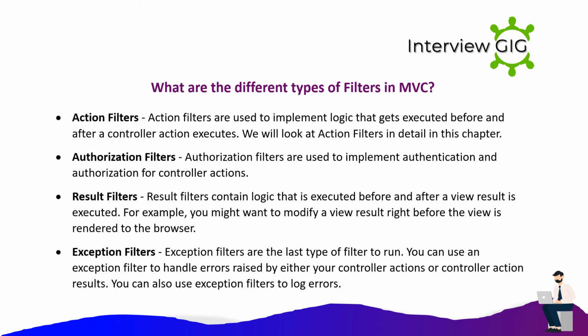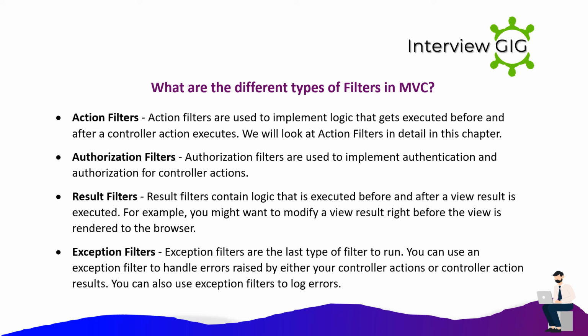What are the different types of filters in MVC? Action filters. Action filters are used to implement logic that gets executed before and after a controller action executes. We will look at action filters in detail in this chapter. Authorization filters. Authorization filters are used to implement authentication and authorization for controller actions. Result filters.